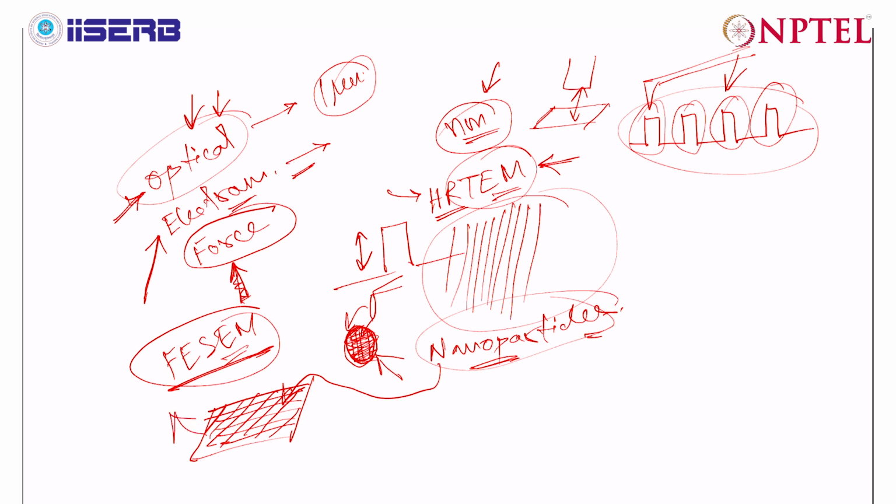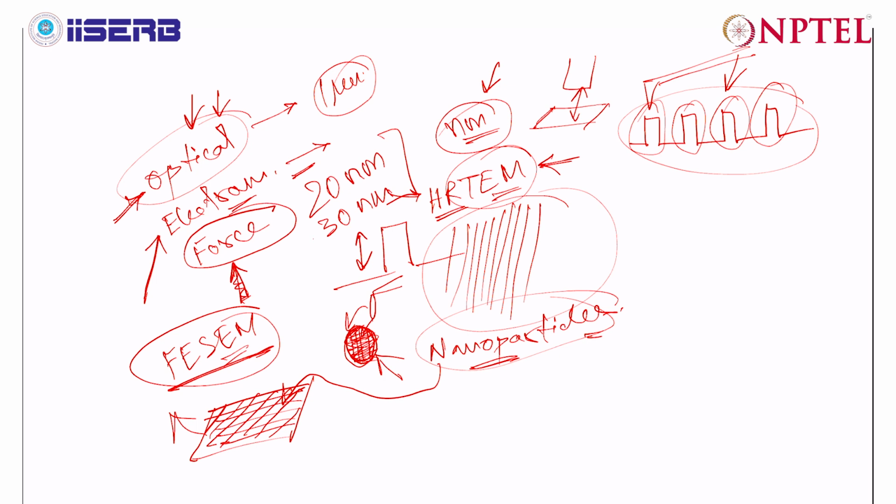But in FESEM, if you want to image a feature size of say 10, 20 nanometer, 30 nanometer or so, it's very difficult, because that much magnification in FESEM is very, very difficult. In fact, you can get an idea about that structure, but going deep down into that length scale is really difficult.